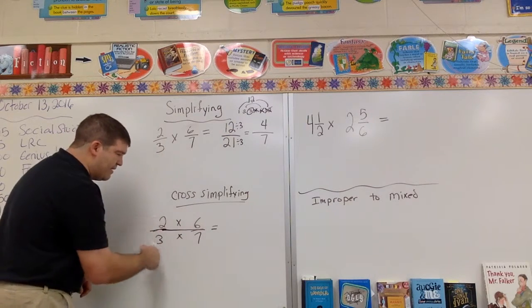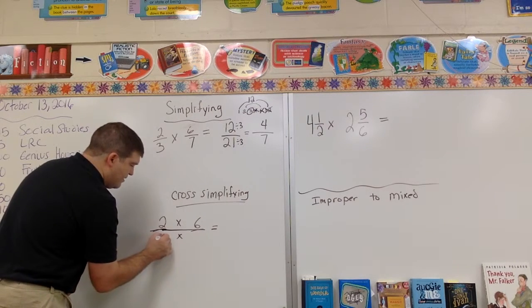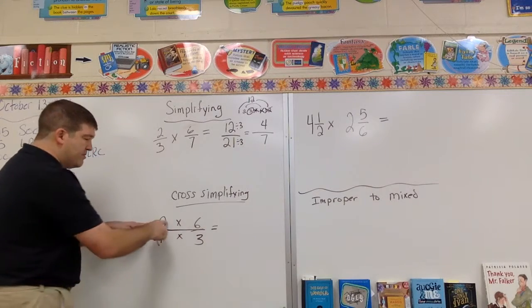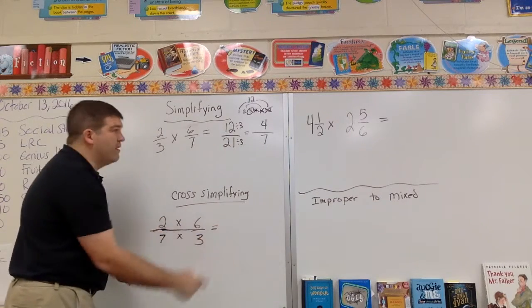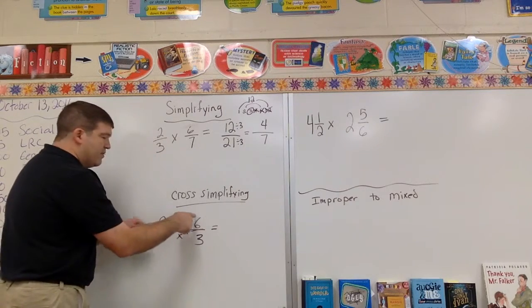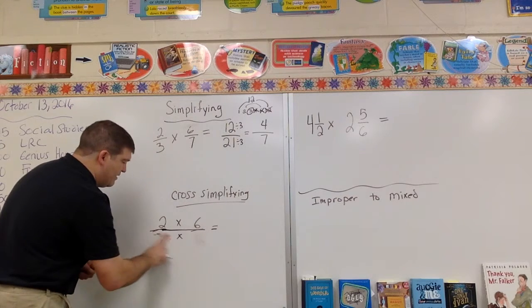So it's the same thing. So I can do something like that, switch those around, it's not going to change. I'm still going to get 12 over 21, which is what I got here. But I could simplify this way now. You see it easier when you do that.